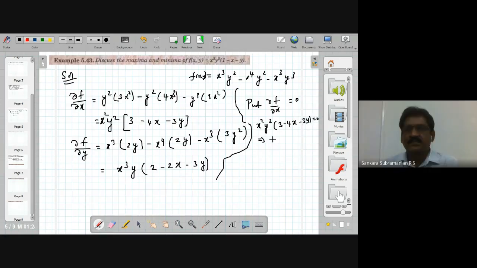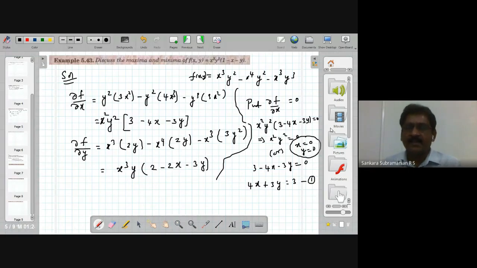This implies x square y square equal to 0, or 3 minus 4x minus 3y equal to 0. So I can write in a neat fashion, 4x plus 3y equal to 3. Let me take this as equation number 1. Here x square y square equal to 0 means x equal to 0, y equal to 0. So let me talk about the origin later.